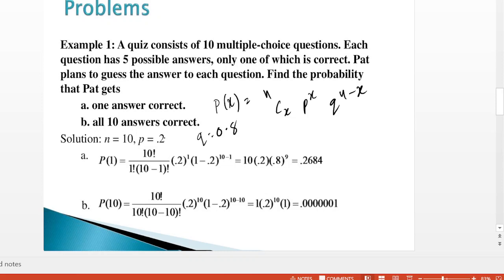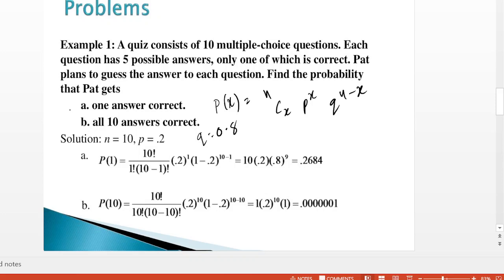The probability of success plus the probability of failure should be equal to 1. Here the probability of success is 0.2 and the probability of failure, because it is 1 minus p, is 0.8.